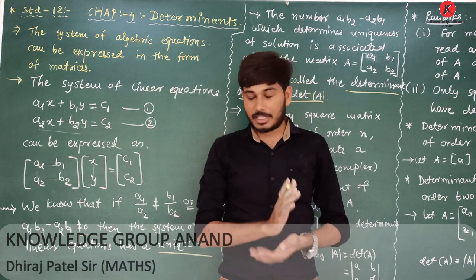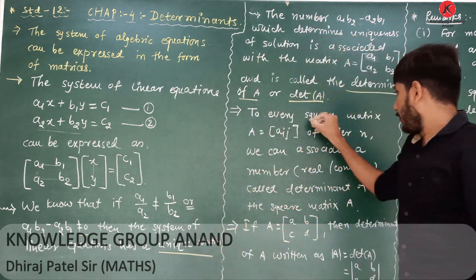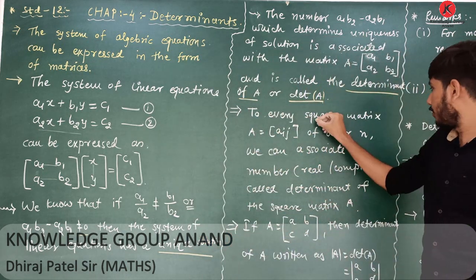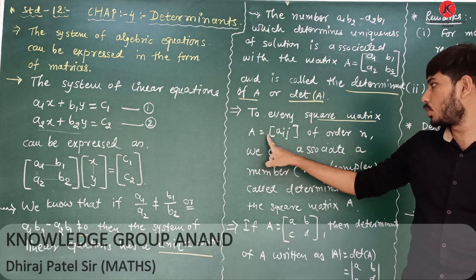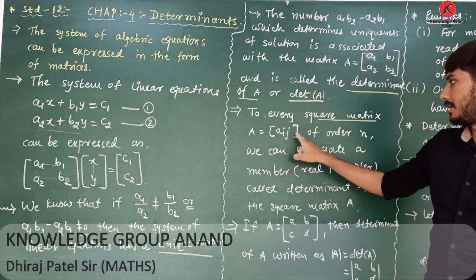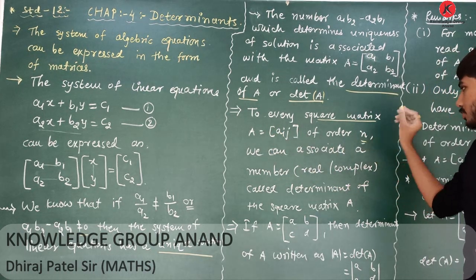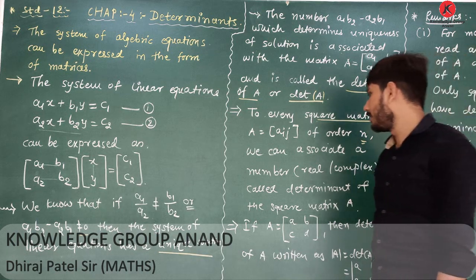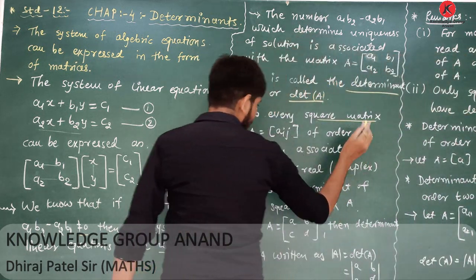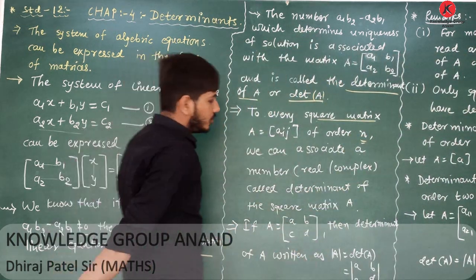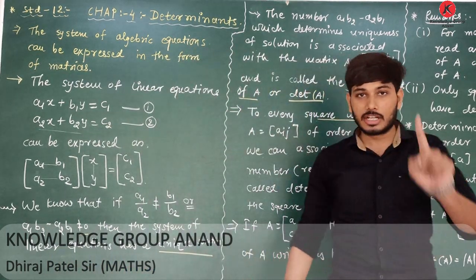Okay, see here, to every square matrix A equals [aij] of order n, the square matrix having order n, we can associate a number.